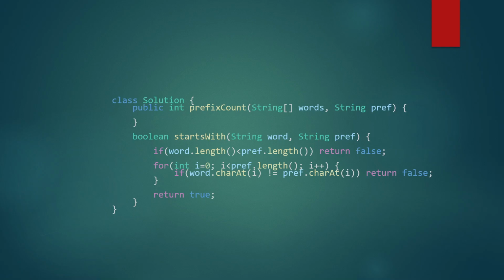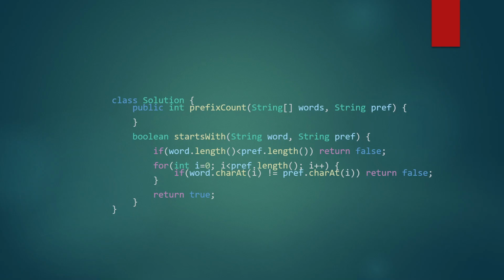I added: if word length is less than prefix length, we return false because it can't exist as a prefix if it is so short, and it also handles index boundary exceptions.